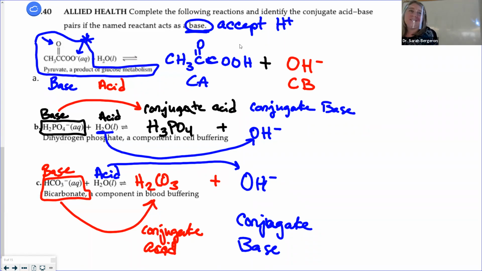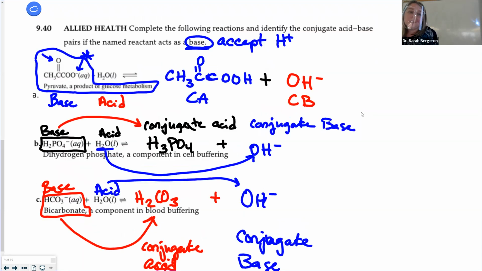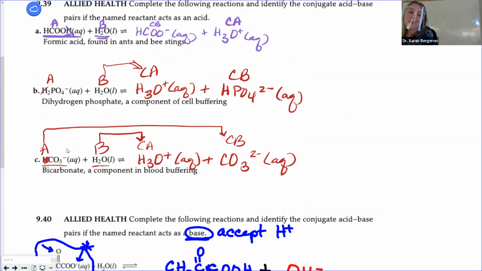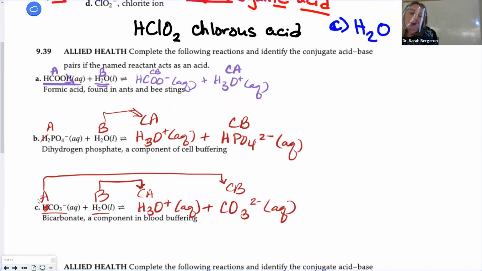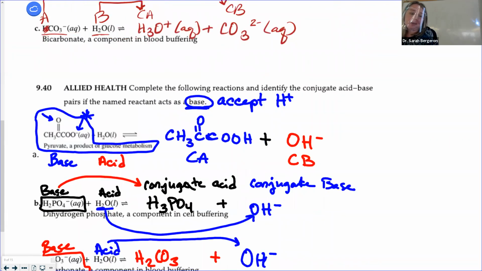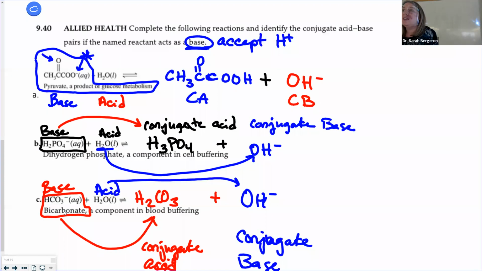Not too bad, right? Okay, I want to point out something. If you were watching the video and you completed these up above, do you see this bicarbonate is HCO3 minus? And what does this question say it's acting as, an acid or a base? An acid. Come down to C down here, bicarbonate. What is it acting as? A base.